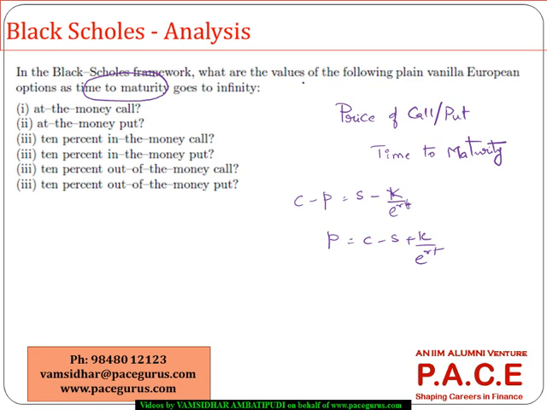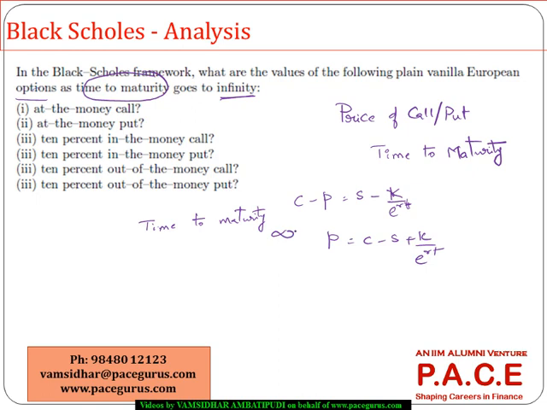Okay, fair enough. Once I have a framework in place, let's play out all the situations. The question is, what are the values of the following plain vanilla European options as the time to maturity goes to infinity? Right now we have taken the time to maturity as 0.25 years, very small.